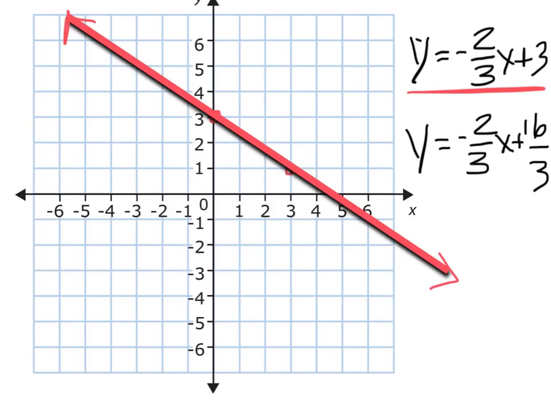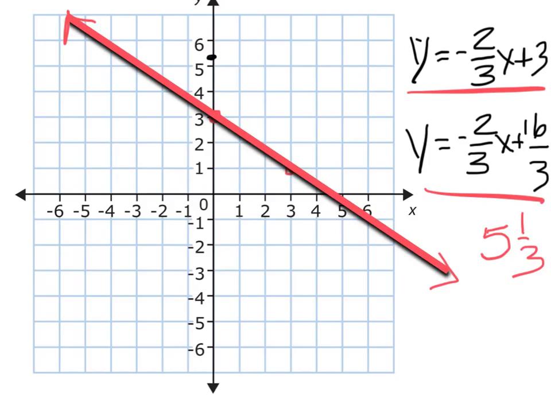And now the other one is y equals negative 2/3 x plus 16/3. The y-intercept is 16/3. 16/3 is the same as 5 1/3. So you would go up 5 1/3 and make a dot. And then the slope is negative 2/3.